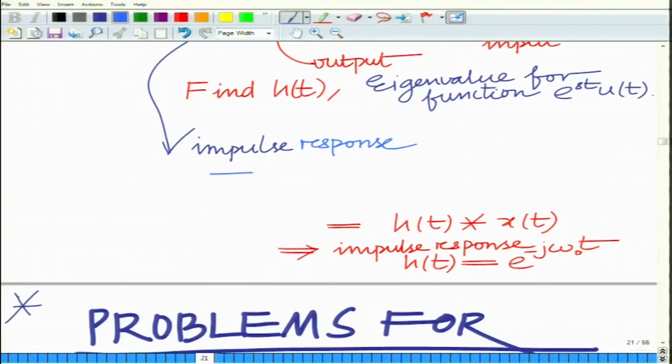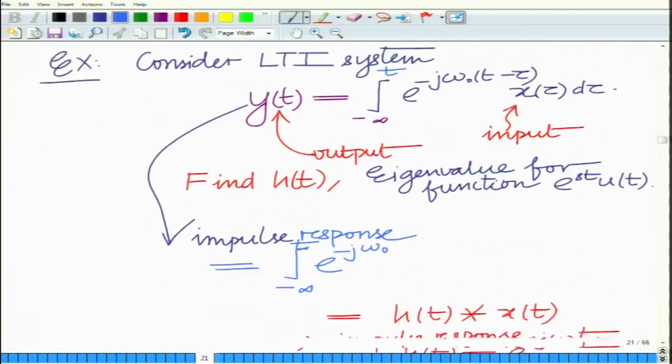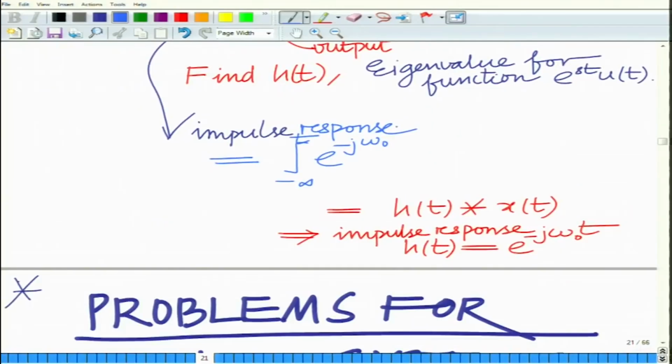so this can be written as integral minus infinity to t e to the power of minus j omega naught (t minus tau) u(t minus tau).